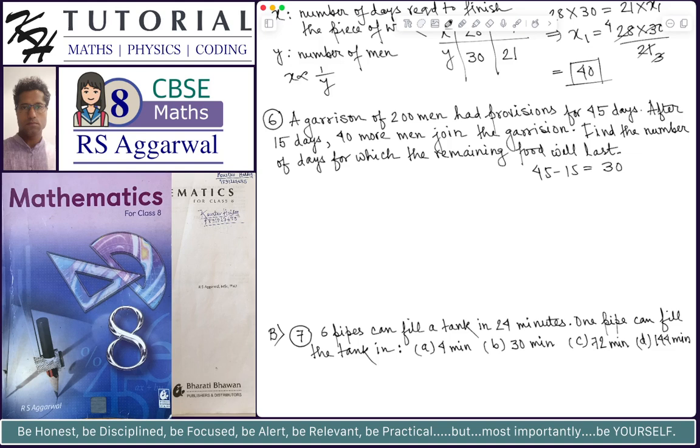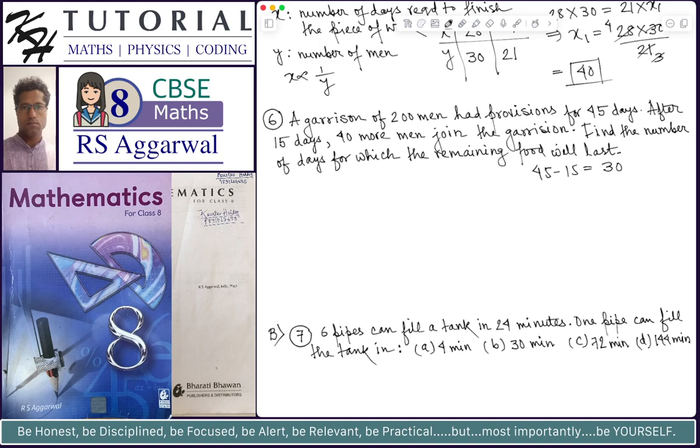Now it is telling that 40 more men join the garrison. Find the number of days for which the remaining food will last. So the concept is that when the food is constant, the number of men and the number of days that the food will last are inversely proportional to each other.